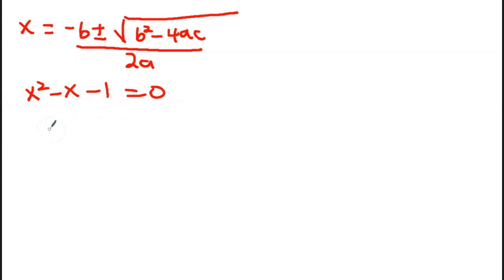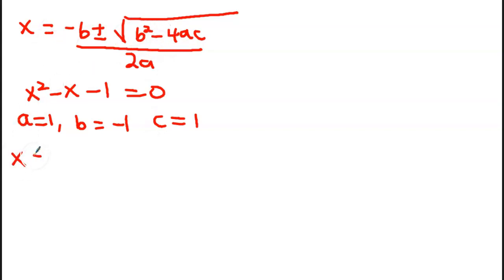Comparing with the standard quadratic equation, our a, which is the coefficient of x squared, is equal to 1, and b, the coefficient of the middle term x, is minus 1. We then substitute them in the quadratic formula.